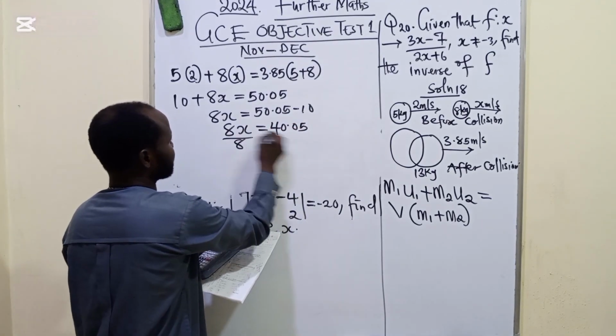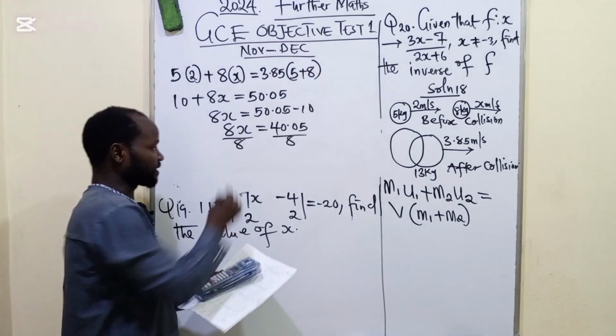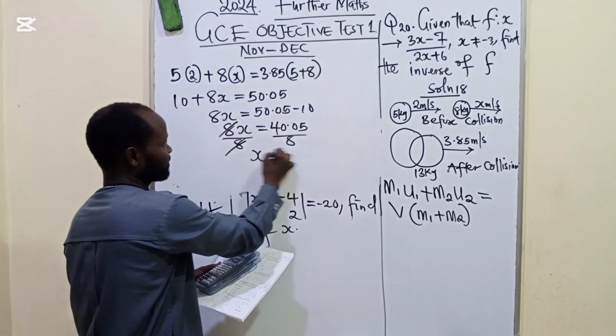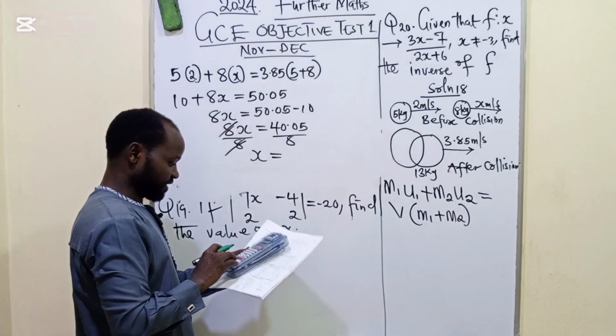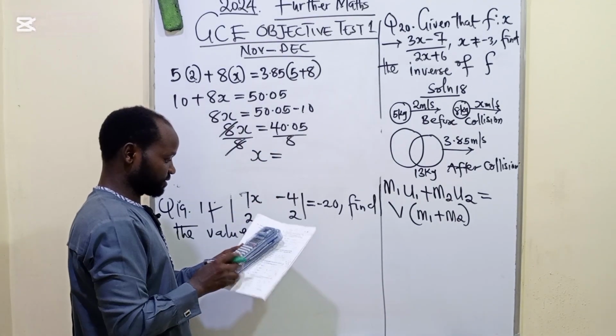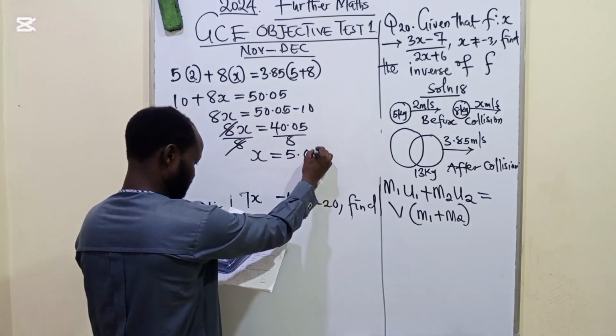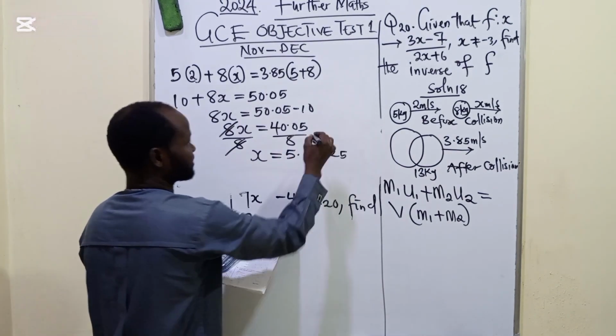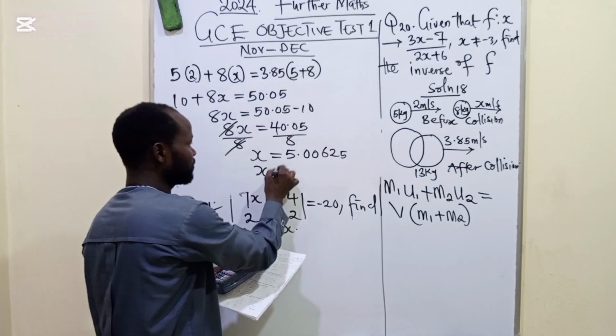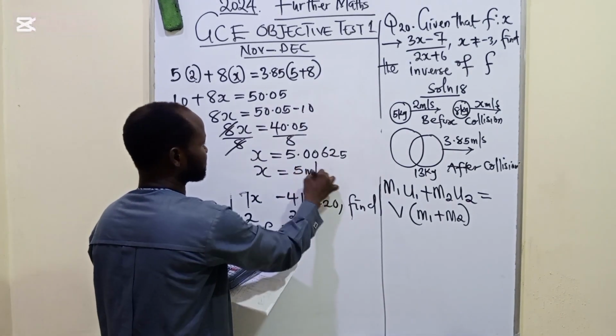We divide both sides by 8 to find x. So x equals 40.05 divided by 8, which is 5.00625. The question says to the nearest whole number, so x now will be equal to 5 meters per second.